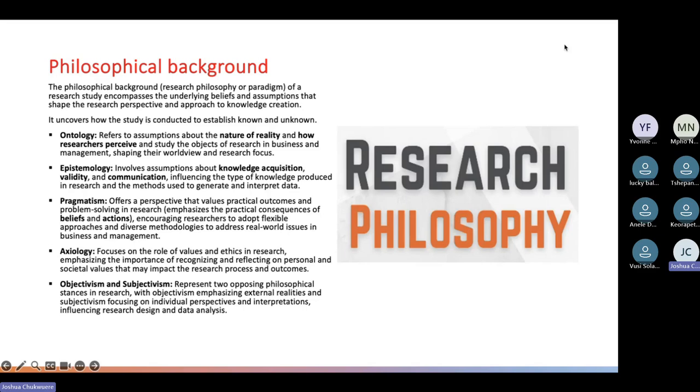It is a philosophy or a paradigm of a research that encompasses the underlying beliefs and assumptions that shape the research perspective and approach to knowledge creation. It is that very belief upon which you are able to stand and shape your thinking as a researcher.